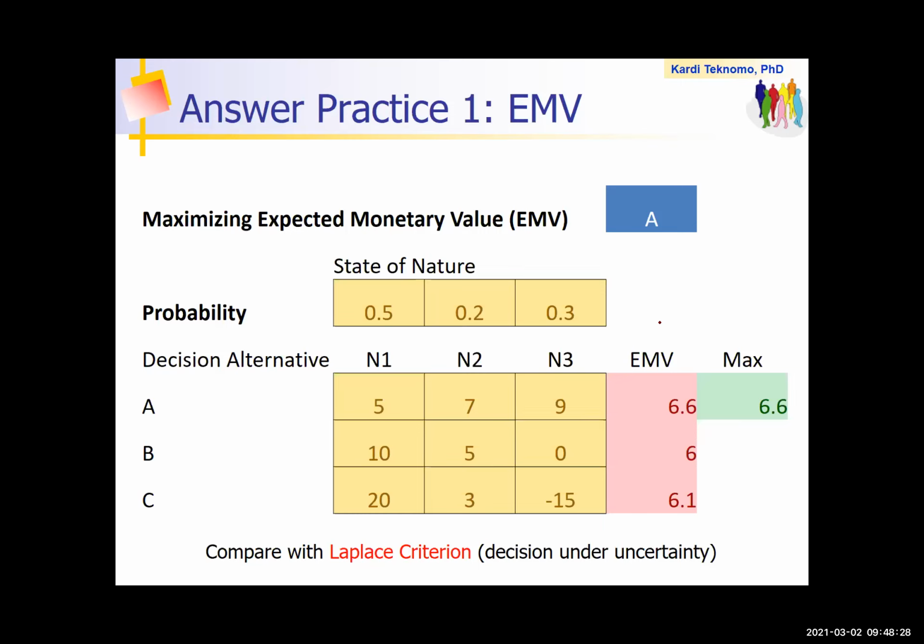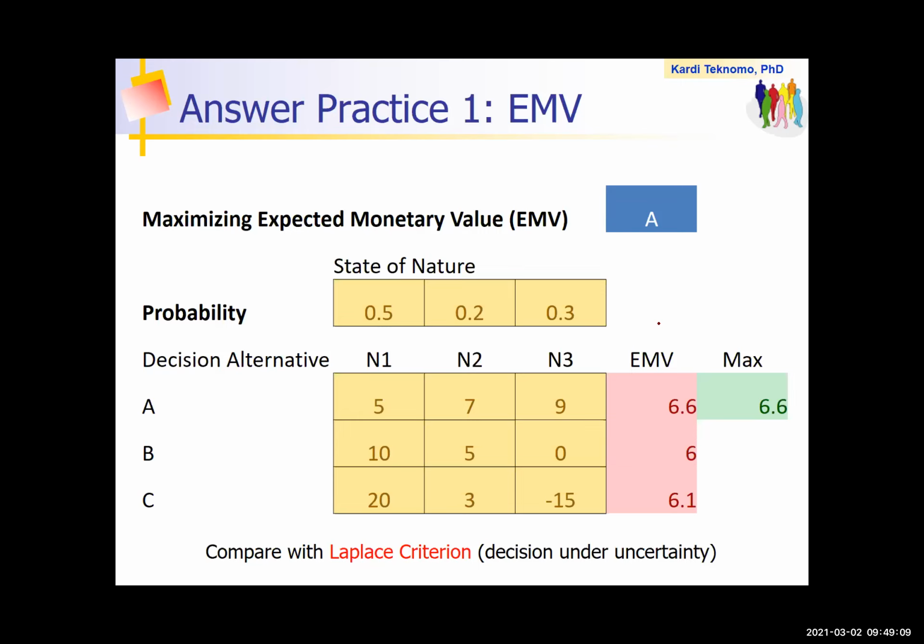Then to compute this, you just multiply. For example, for decision alternative A, you multiply 5 by 0.5, that's 2.5, and then 7 multiplied by 0.2 is 1.4, plus 9 multiplied by 0.3. If you sum all of that, you get 6.6. Then you compute again for decision alternatives B and C. Then you get the EMV, expected monetary value, or expected value, EV.